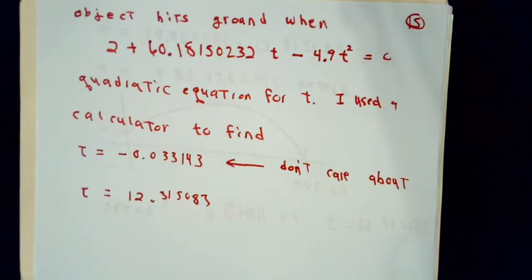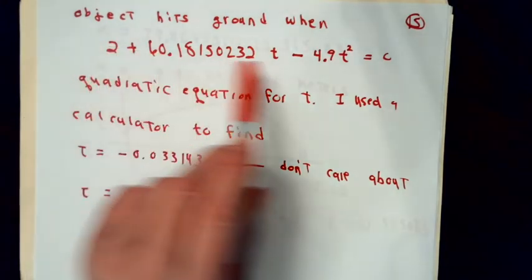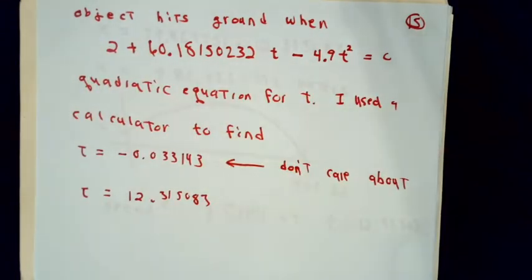Writing down the equation y equals 0 in this case is the same as writing this equation down. This is a quadratic equation for variable t, so it should have two solutions. I used a calculator routine to solve this. There are two t values that work as usual.